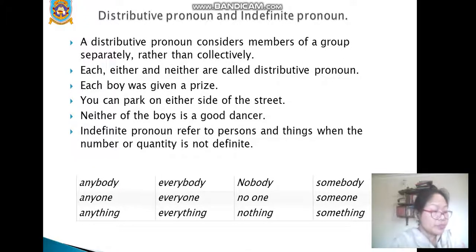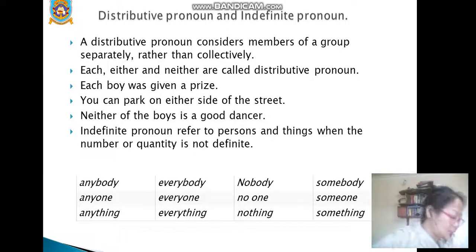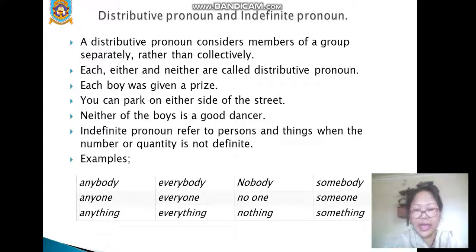Now, an indefinite pronoun refers to a person or thing when the number or quantity is indefinite. It is not defined. It is uncountable, you can say. Now, some examples: anybody, everybody, nobody, somebody.